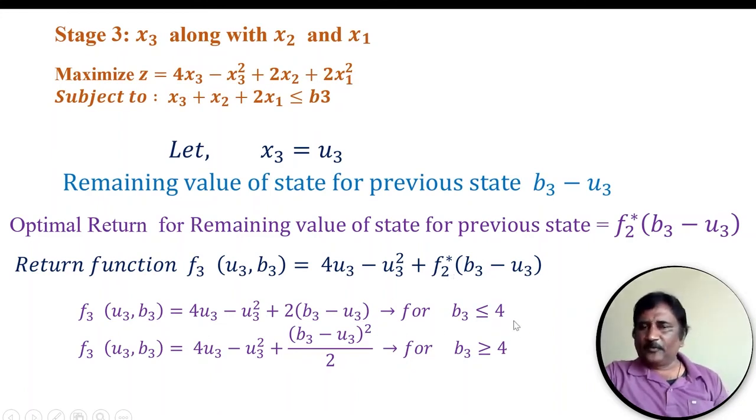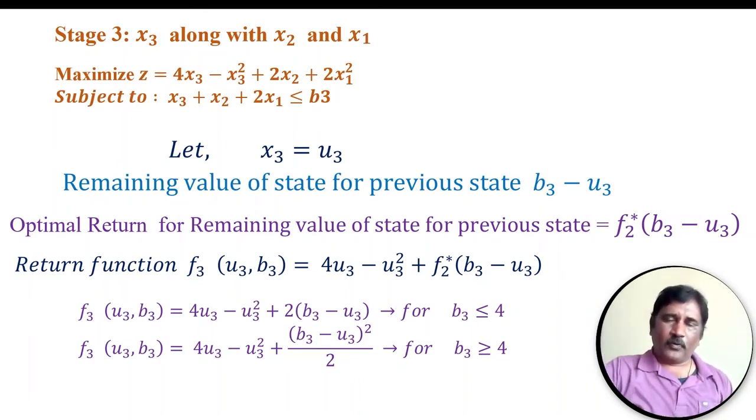This is for b3 less than equal to 4, and in fact for us all state variables are less than equal to 4.